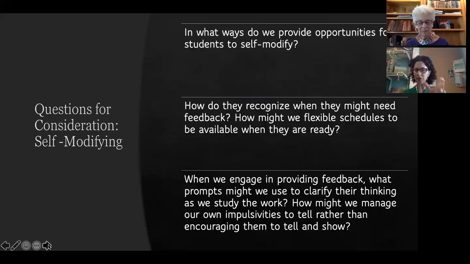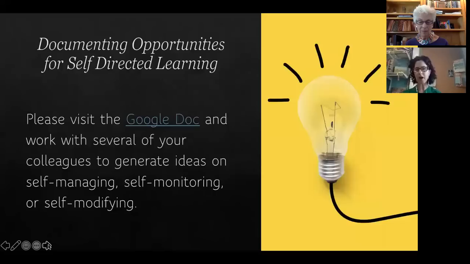So you can actually do a quick recording around a particular sentence or an aspect of a problem or responding to an idea that they're generating or developing. So these questions that we have gone through here are also part of the documenting opportunities for self-directed learning. So the same 3 questions that you saw throughout this first chunk of the presentation are very much embedded in this particular example.